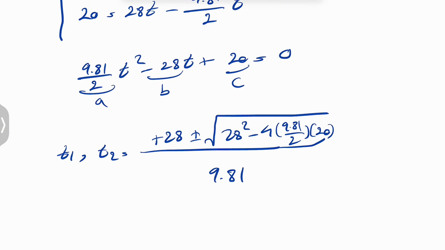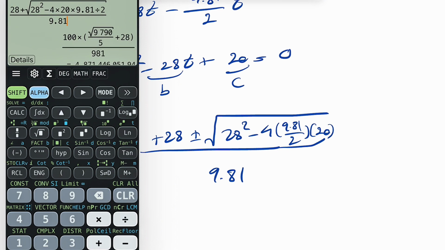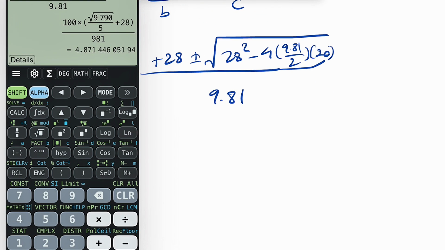So let's see what we get for t. Let's go with the plus first. The time T1 that we get is 4.87 seconds.